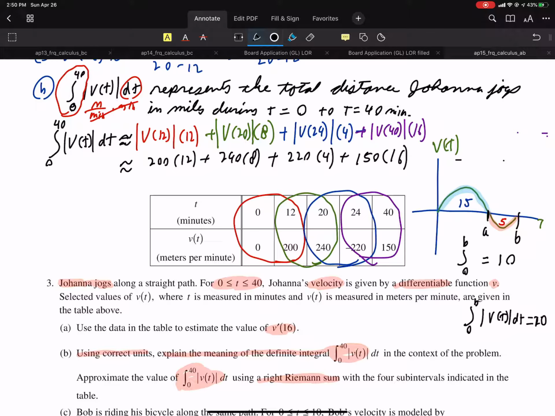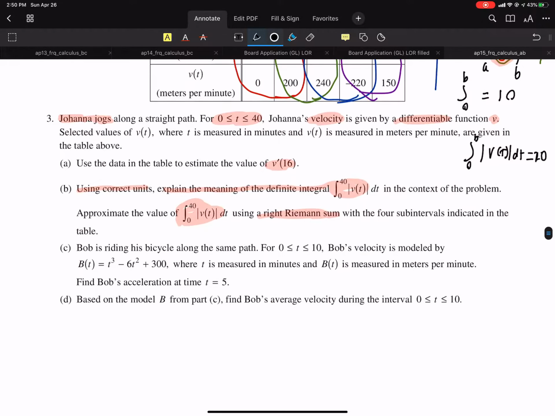All right, that's it. That part did not ask for units. If you want to put units, you could put meters. But that is part A and B.